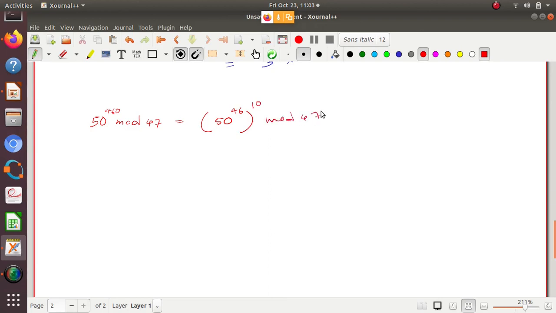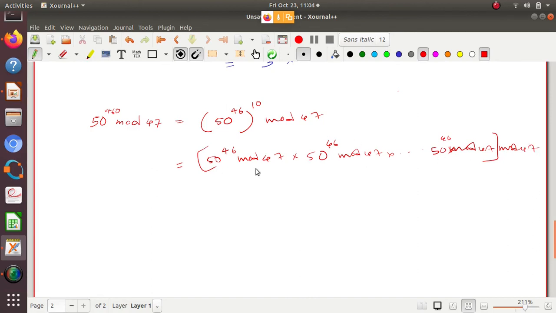This is the same as 50 to the power 46 mod 47 into 50 to the power 46 mod 47 into and so on, whole mod 47. That is the a into b concept.